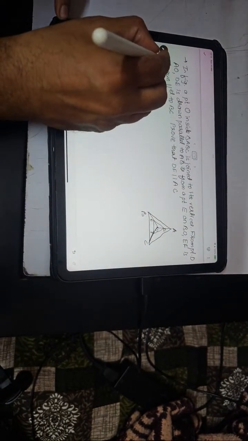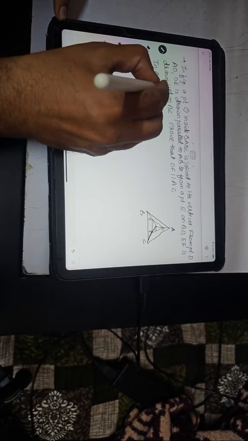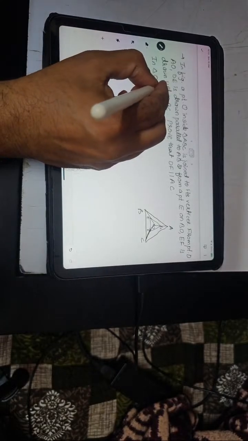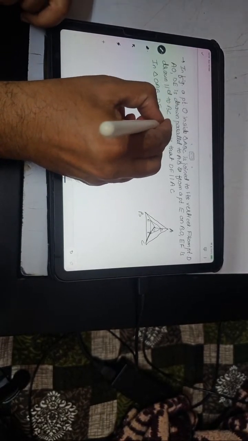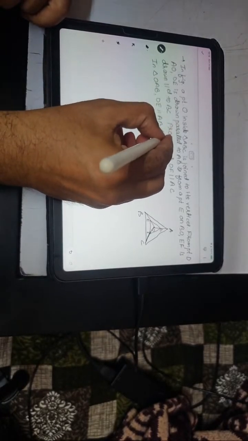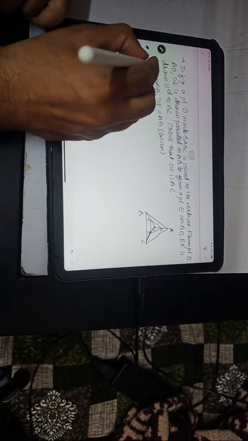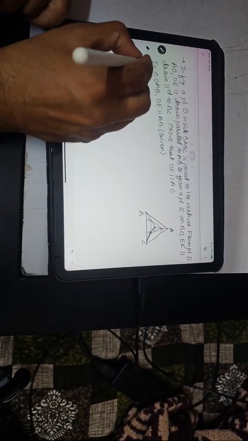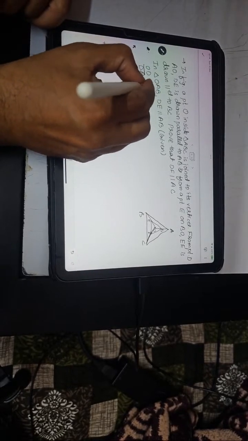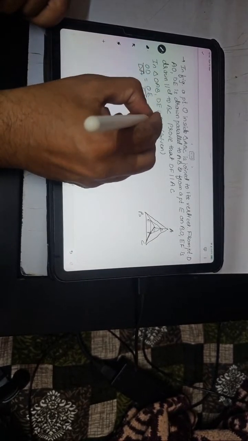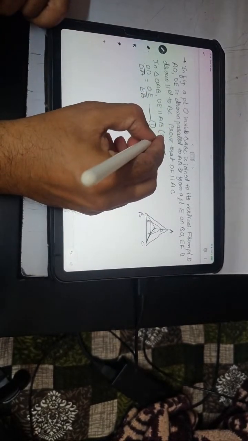See, in triangle OAB, DE parallel to AB, that is given. So, using BPT, can I say OD upon DA equal to OE upon EB? This is 1.